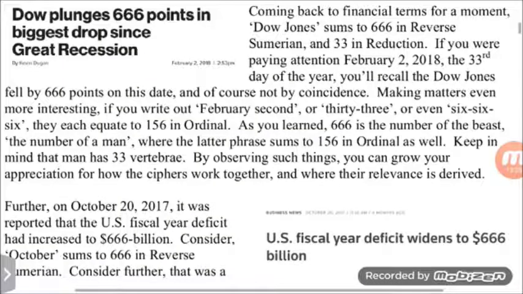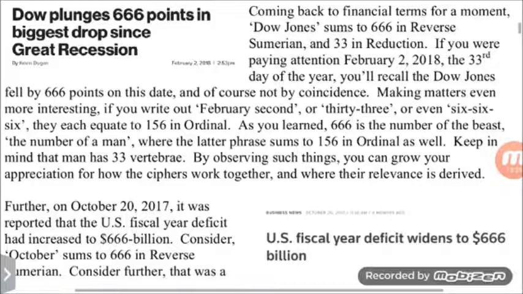Coming back to financial terms for a moment, Dow Jones sums to 666 in reverse Sumerian, and 33 in reduction. If you were paying attention February 2, 2018, the 33rd day of the year, you'll recall the Dow Jones fell by 666 points on this date. And of course, not by coincidence.